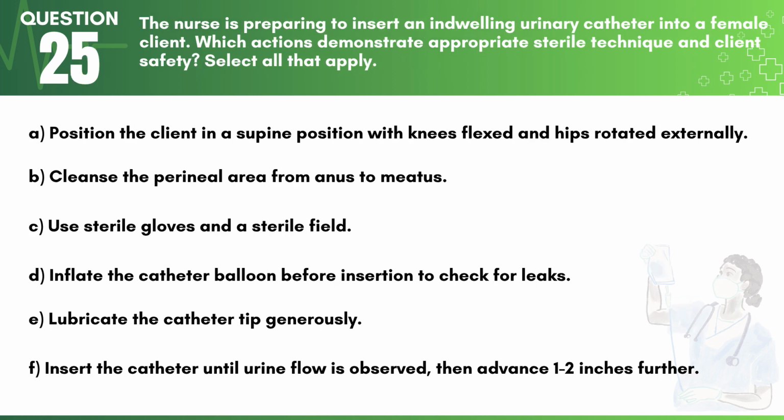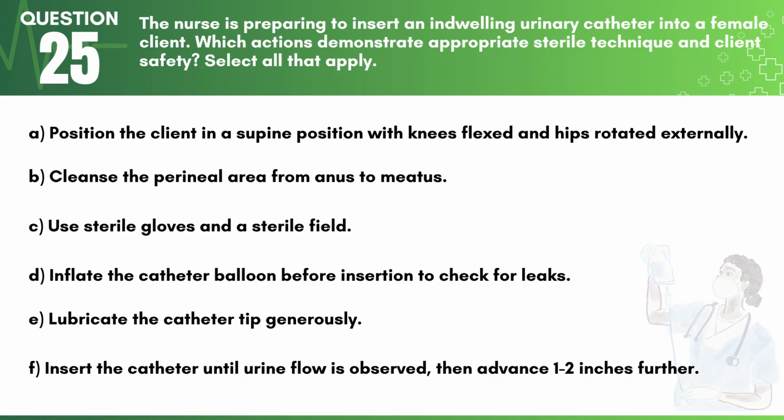Question 25. The nurse is preparing to insert an indwelling urinary catheter into a female client. Which actions demonstrate appropriate sterile technique and client safety? Select all that apply. A. Position the client in a supine position with knees flexed and hips rotated externally.